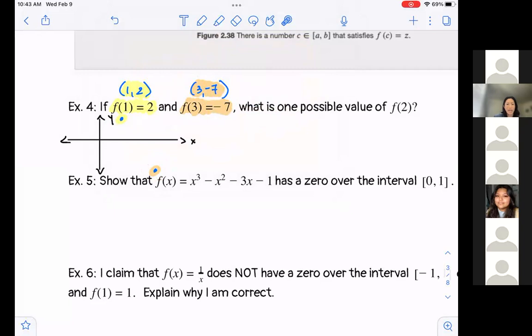Are folks able to annotate on my screen? I know that can be hit or miss sometimes, but is anybody able to annotate on the screen? It's like the high-tech way of coming up and writing your work on the board. It's okay if it's not working. I think you need to enable it.